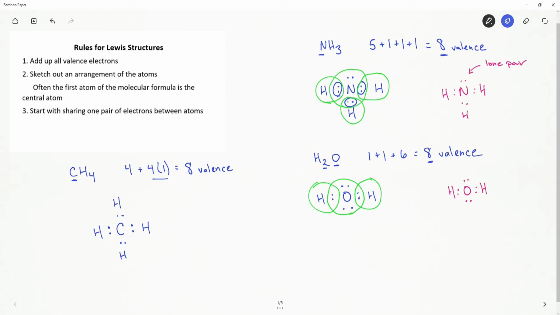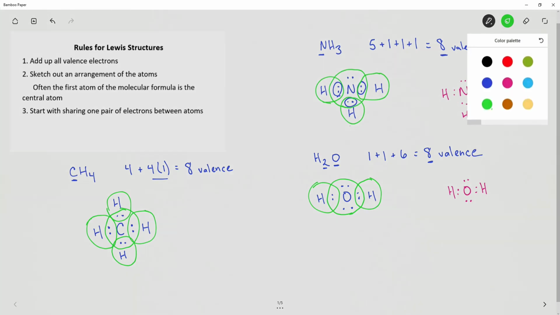Okay, looks good, but let's draw our circles just to make sure everybody has a full outer shell. Carbon here, 2, 4, 6, 8 valence electrons, great. Hydrogen with 2, hydrogen with 2, another hydrogen with 2, and my last one, yes, also with 2 valence electrons, they have full outer shells. This is a valid Lewis structure.